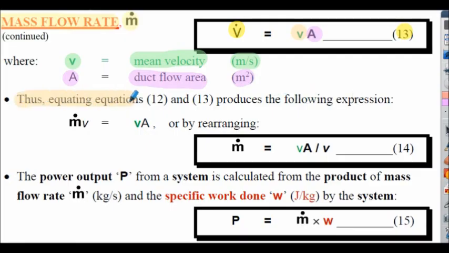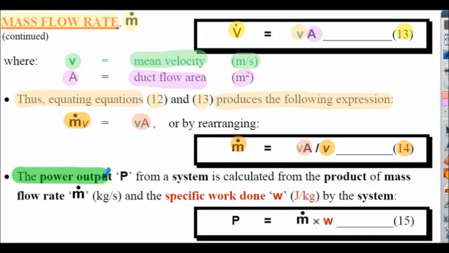Thus equating equations 12 on the previous slide and 13 on this slide produces the following: mass flow rate multiplied by specific volume is equal to the velocity multiplied by the cross-sectional area, and we simply rearrange: mass flow rate m dot is VA divided by specific volume, equation 14.